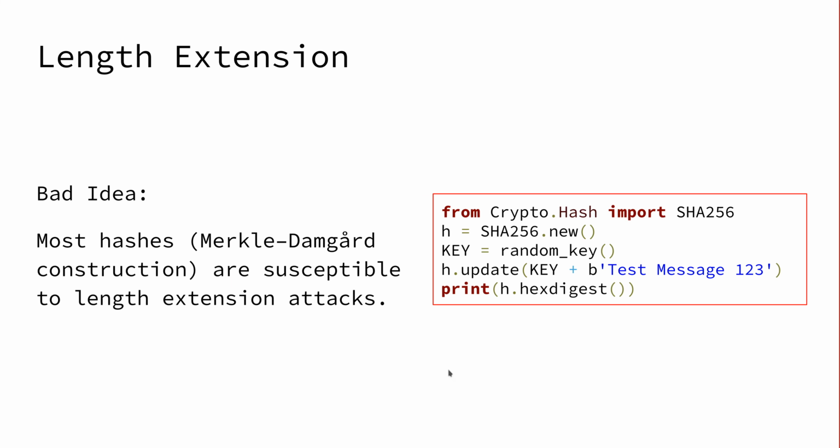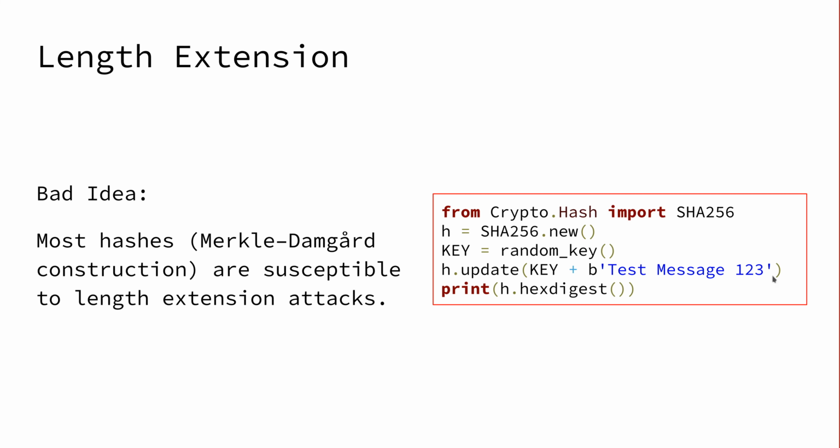because most hashes use a Merkle-Damgard construction. We're not going to go into the details of that. But they're susceptible to something called a length extension attack. You can read up on that if you're interested. There's a good Wikipedia article on it.